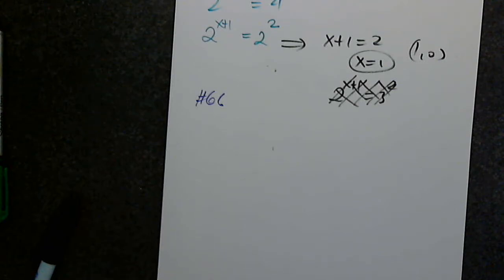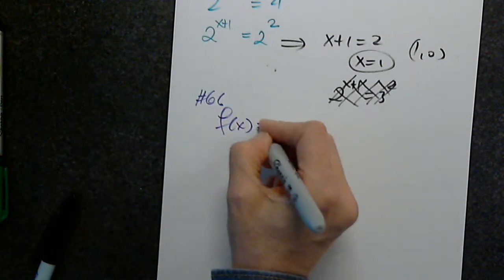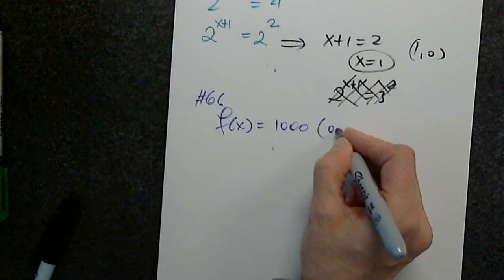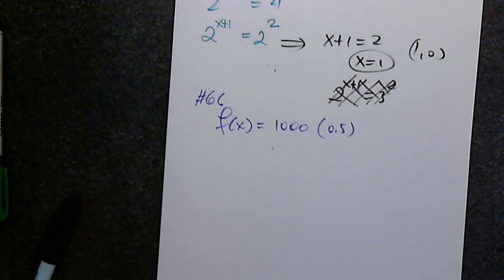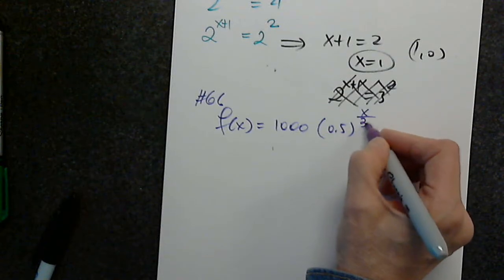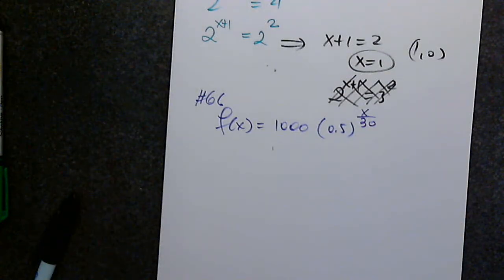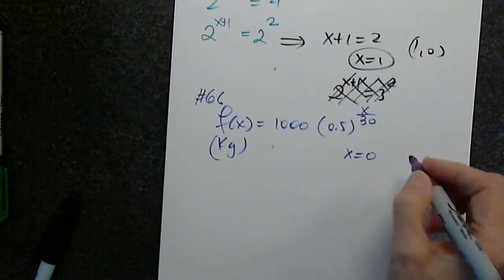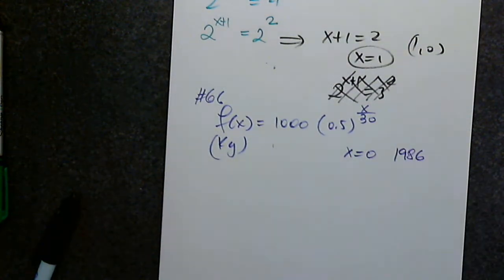The function f of x equals 1,000 times 0.5 to the power x divided by 30 describes the amount f of x in kilograms of cesium-137 remaining in Chernobyl x years after 1986. So x equals 0 represents 1986.